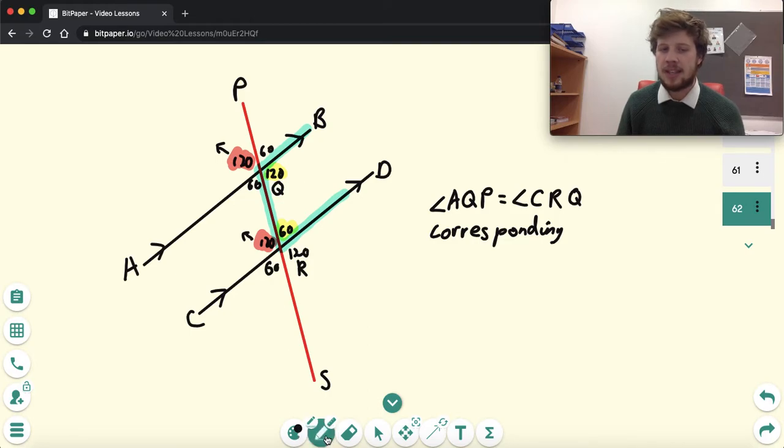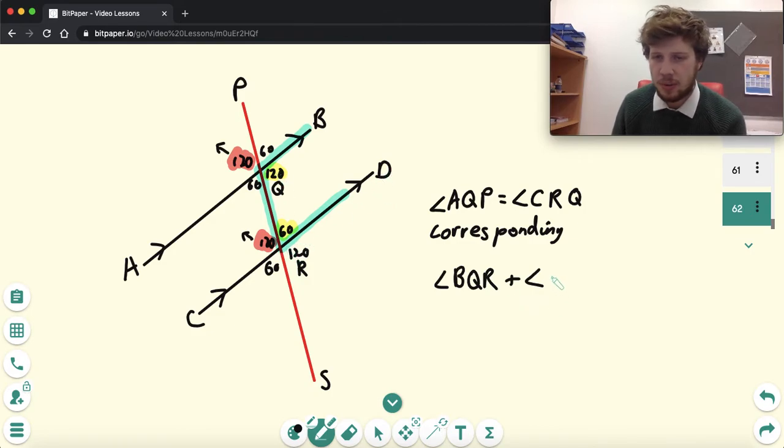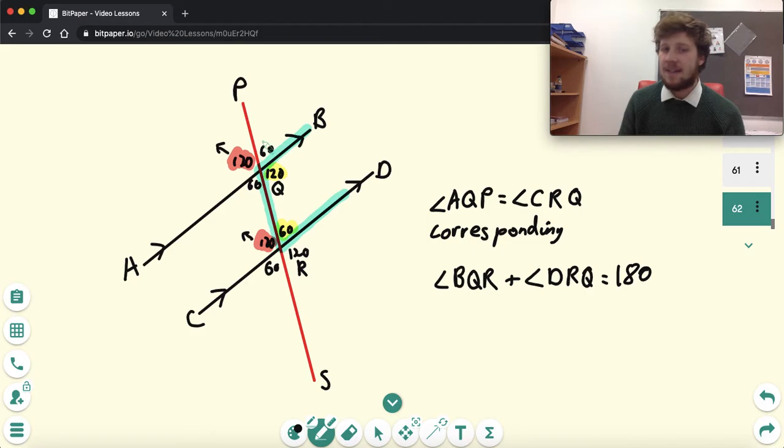So what we can say is that angle BQR added on to angle DRQ, we can try and work out what they add up to. 120 and 60 is 180, and the way we can think about this is, 60 is a corresponding angle with 60 at the top, BQP, and they're on a straight line, which is 180.